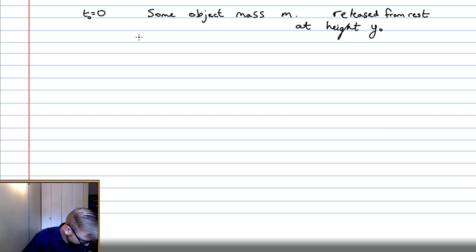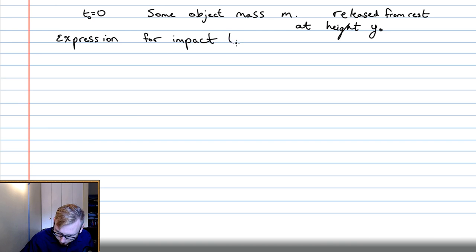Let g be the gravitational acceleration. Derive an expression for the impact time at which the object strikes the ground. We need an expression for the impact time. What is the velocity when it hits the ground, expressed in terms of y0 and g and all those standard things.